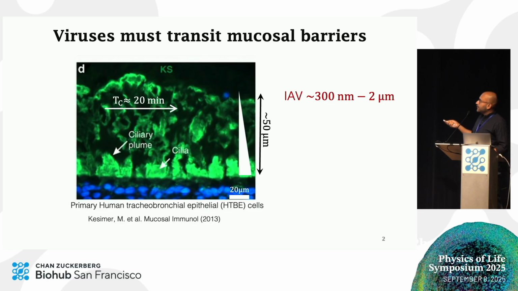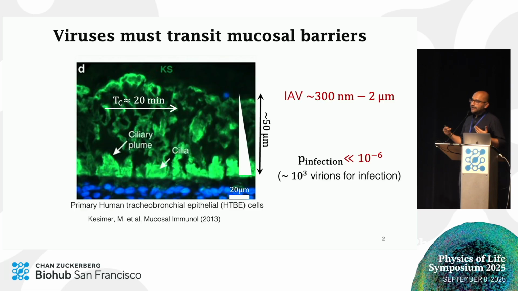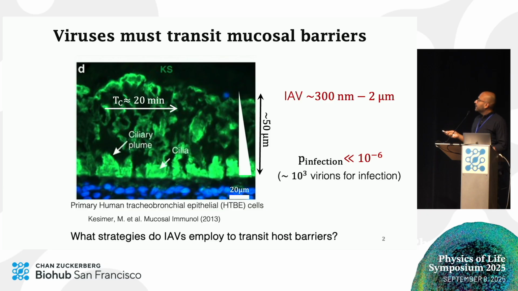So they must cross this barrier within a time scale of 20 minutes on average. If you assume simple diffusion, you'd get a probability of infection that's very small, and we would never get the flu. So what strategies do influenza viruses employ to transit host barriers?